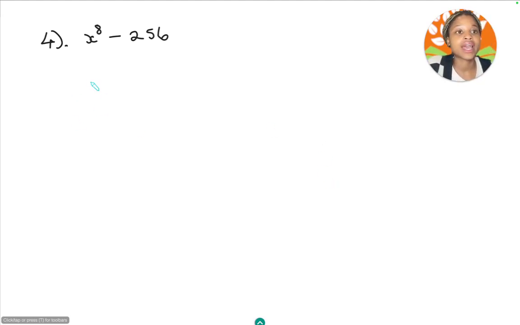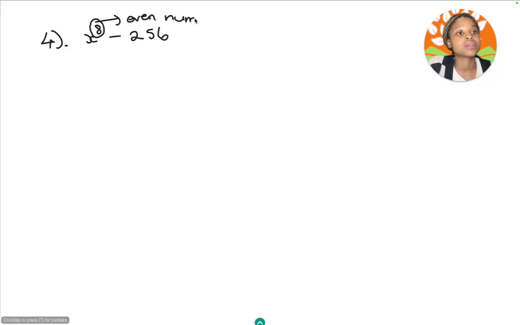Let's take a look at number 4. Okay, we've got x to the power of 8 minus 256. I must mention something that I did forget to mention. It is also a difference of squares when the power, basically the exponent of the variable, is an even number.